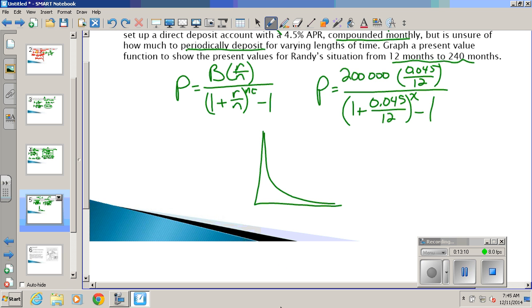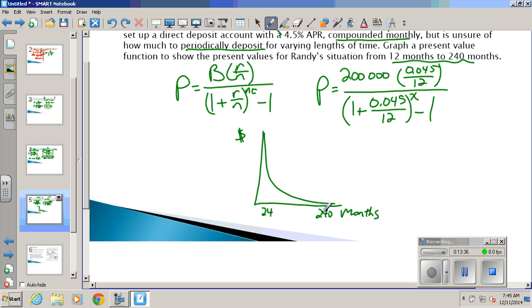And since we're talking about this, present value would decrease as the number of months go up. So this would be the months, and this is the dollars, the amount. 24 would be a lot higher than 240. So what does this mean?